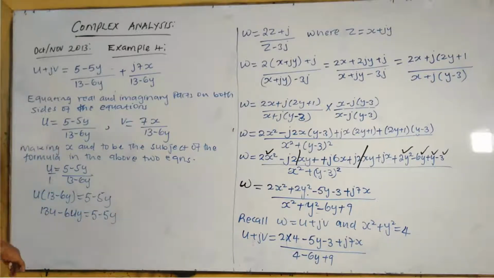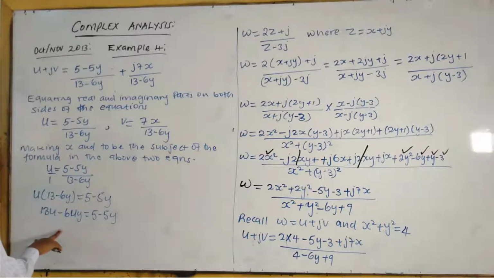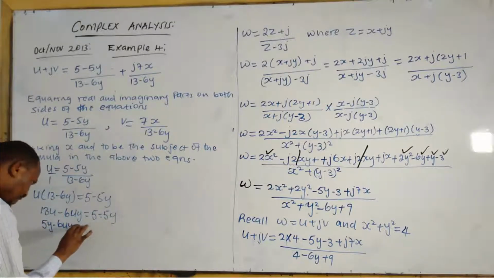Have y on one side. You can take the 13u to the other side and the 5y to this side. This is negative, so it will be positive on this side. 5y minus 6uy is equal to this 5.